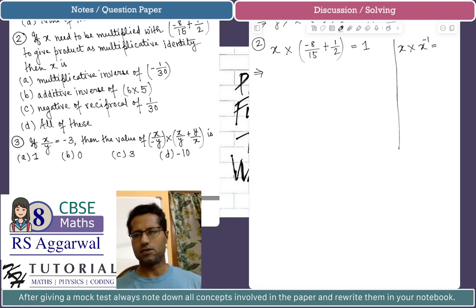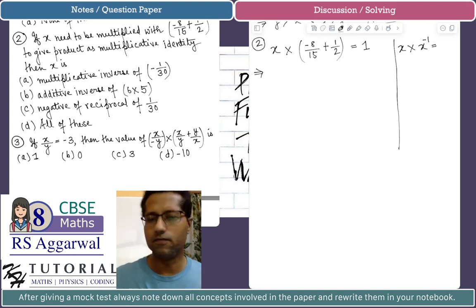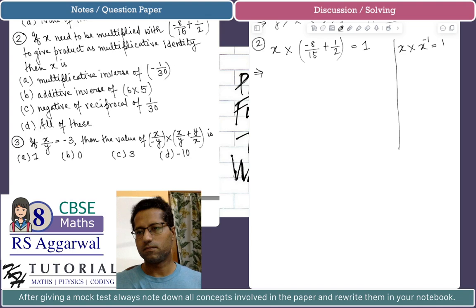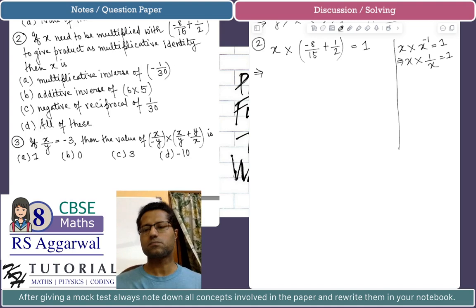For any non-zero rational number, the product of the rational number and its multiplicative inverse is always 1. We know that x multiplied by 1 by x is equal to 1.